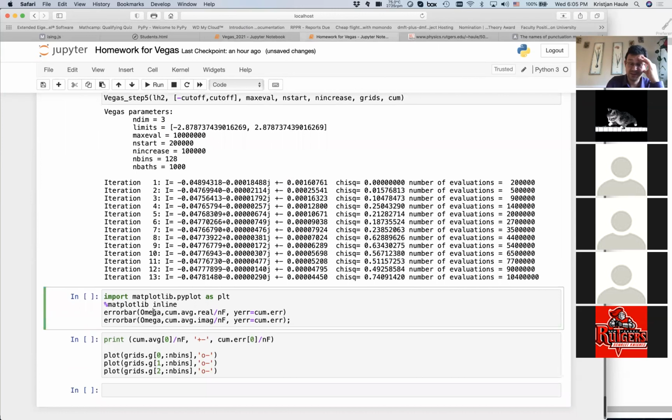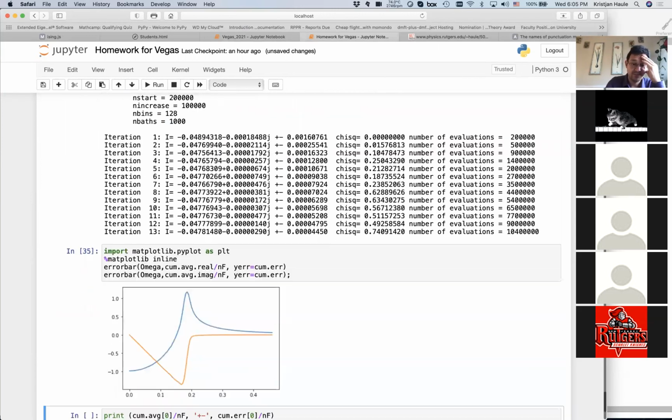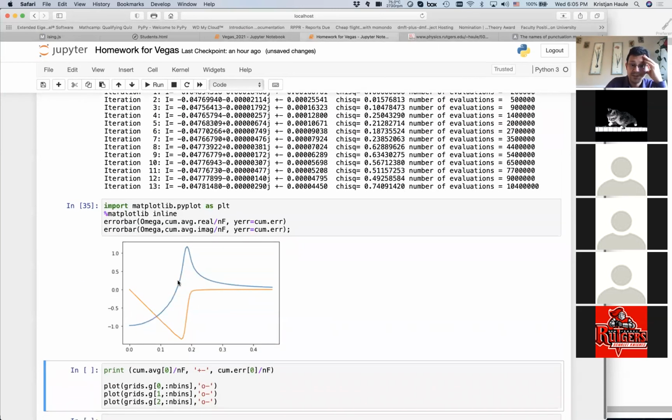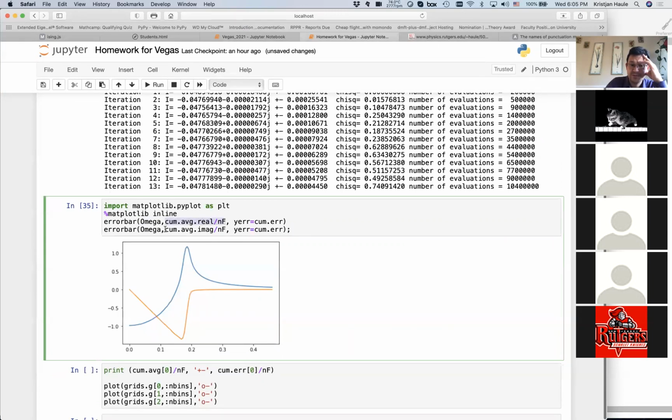But we have hundreds of frequencies. Now if we plot the polarization as a function of momentum, because now we have an array, cum average real divided by NF and cum average imaginary, I'm plotting here the real part of the output and the imaginary part of the output. Actually, I'm plotting this with error bars.